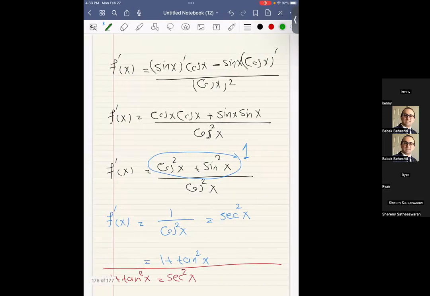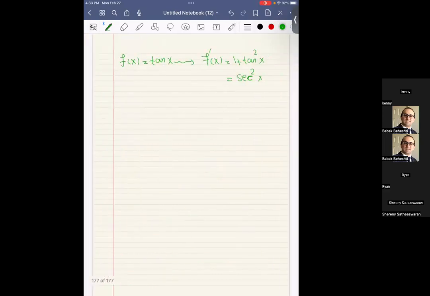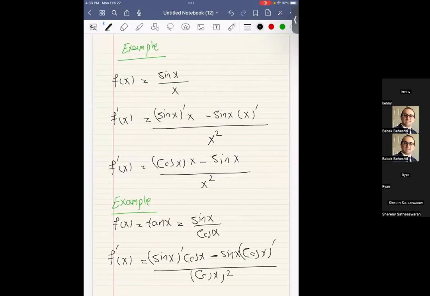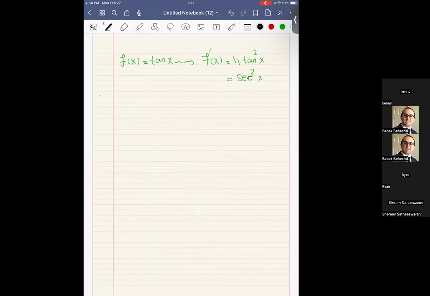Using the same logic, can you right now compute the derivative of cotangent? So f of x is equal to cotangent of x.